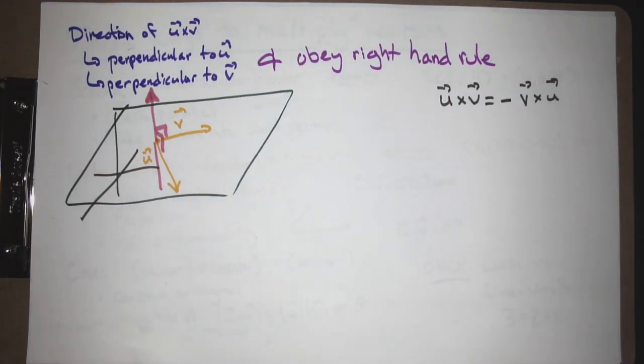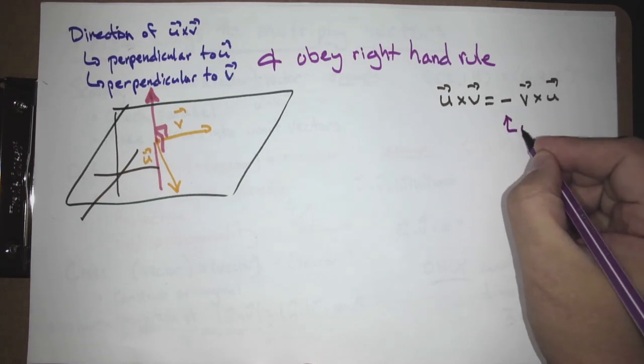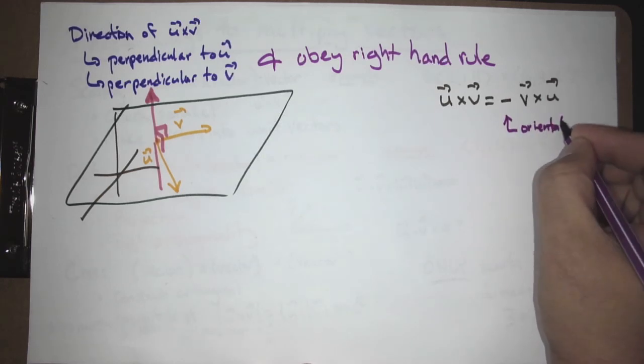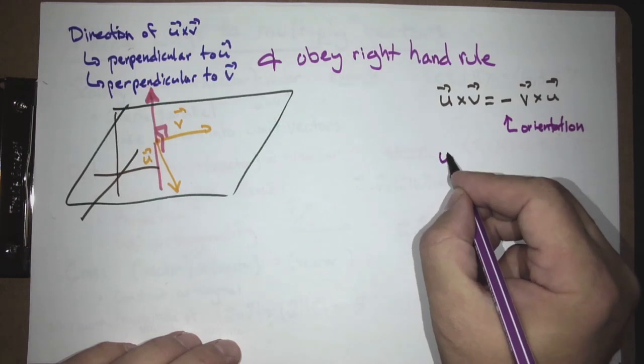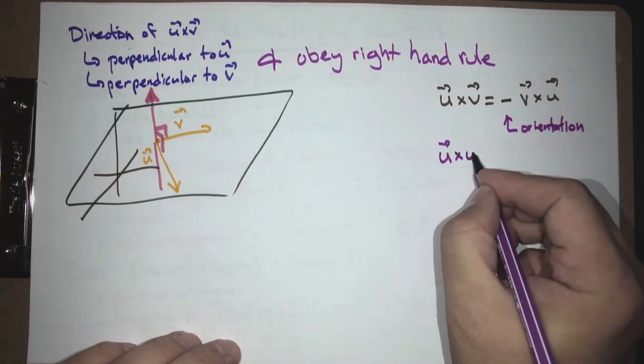Essentially, this is a reflection of the fact that there's an orientation involved. When I think about calculus, I often think of negative as meaning orientation. Now there are a couple of other interesting quirks. What happens if you take a vector cross with itself?